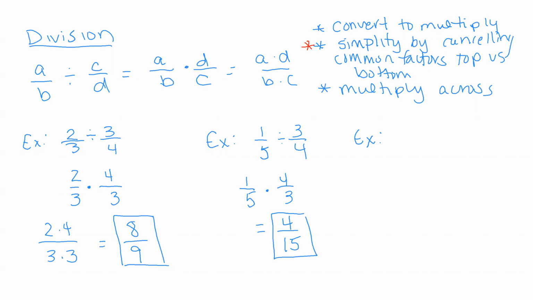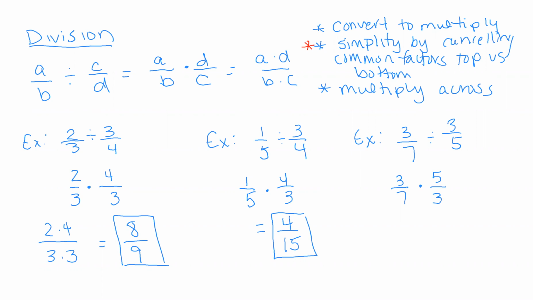All right, let's do another easy example. Let's say we have 3/7 divided by 3/5. The first fraction stays the same, and then we multiply by the reciprocal of the second fraction, which would be 5/3.